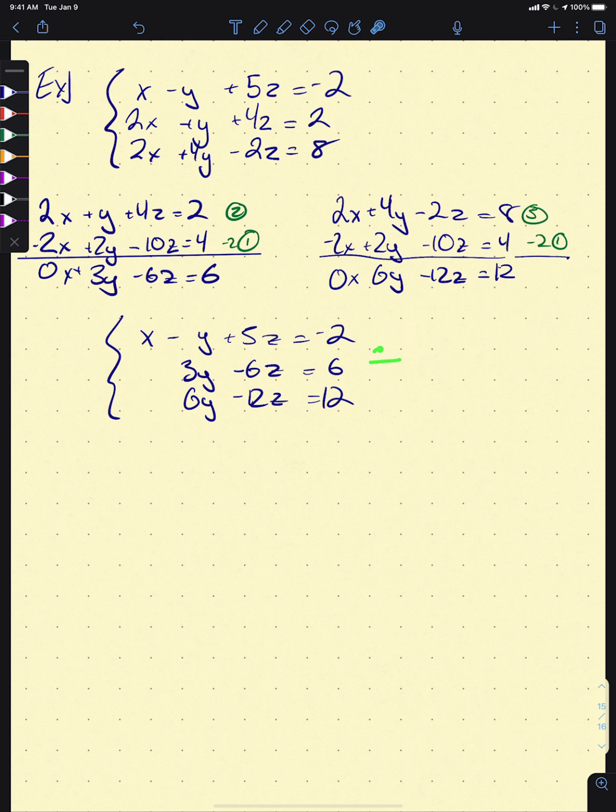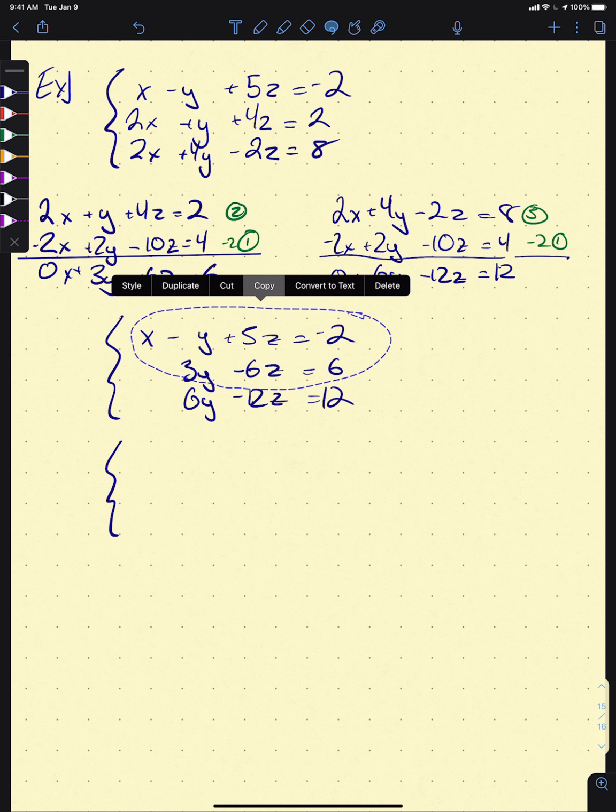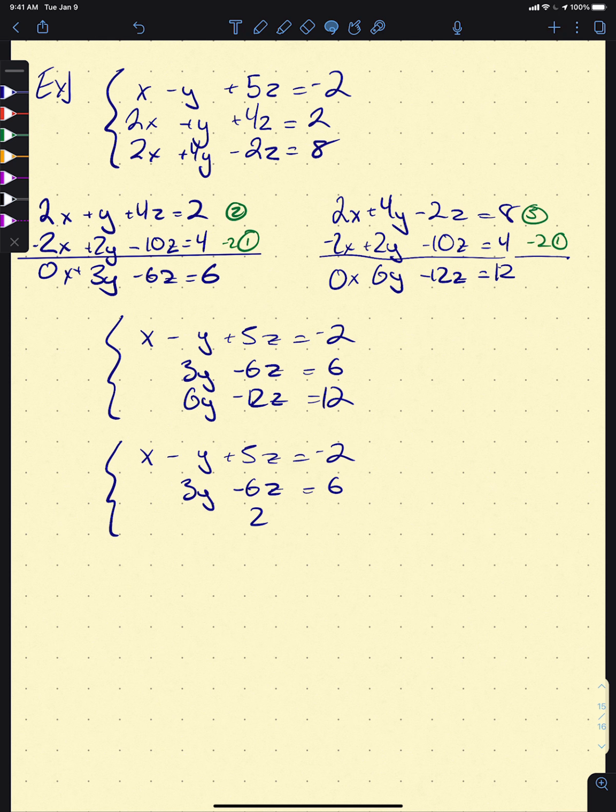Which means when I multiply equation 2 by negative 2, and I add it to equation 3, what we're going to get is 0 equals 0, right? Which is perfectly true, right? Once again, I'm just going to copy this top one.